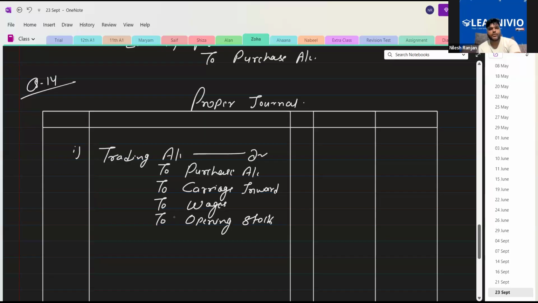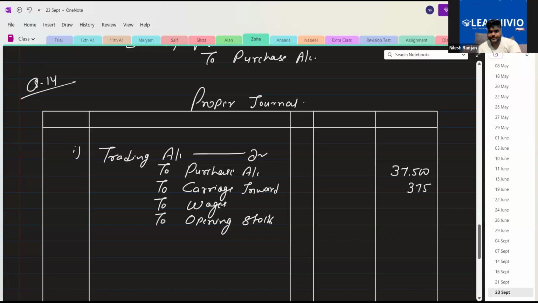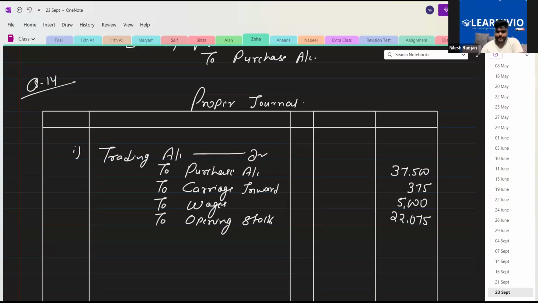So these items: purchase is 37,500. Then carriage inward 375. Wages 5,000. And opening stock 22,075. Total $64,950.